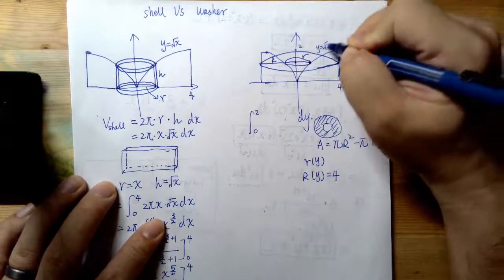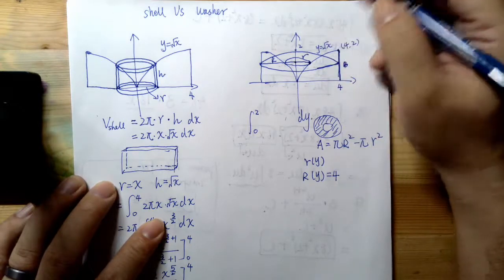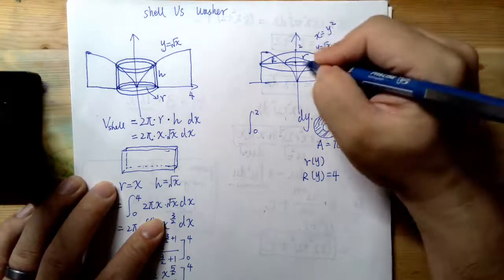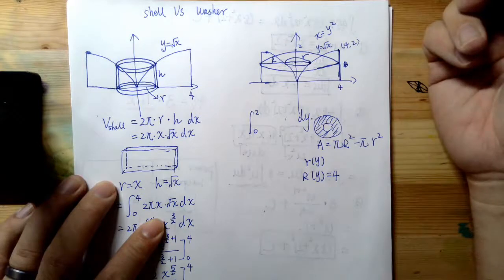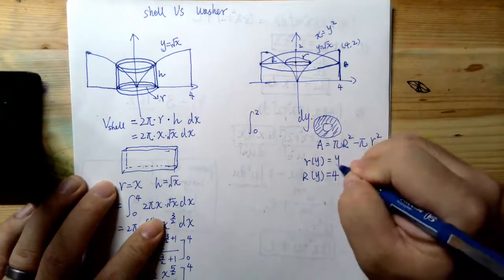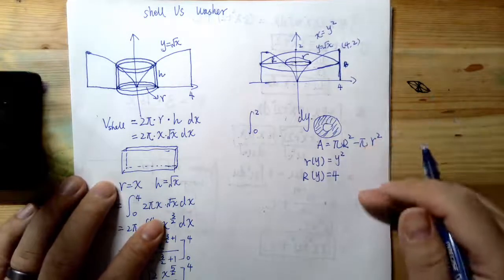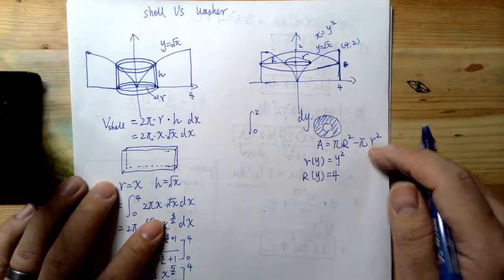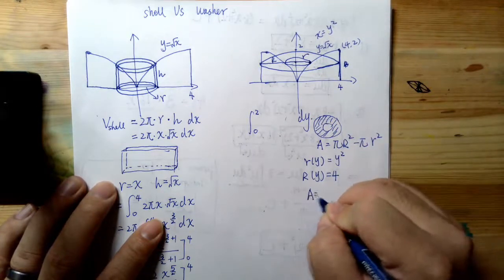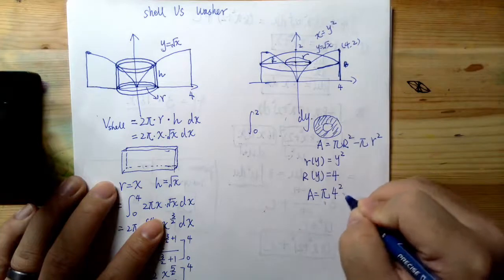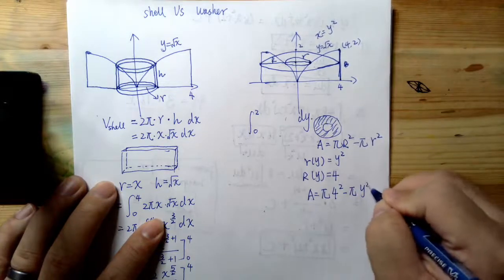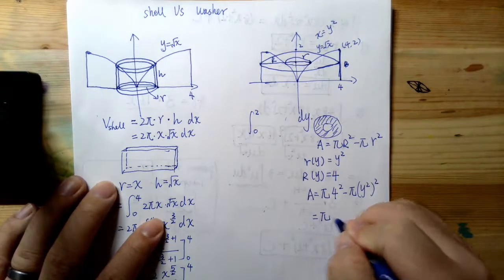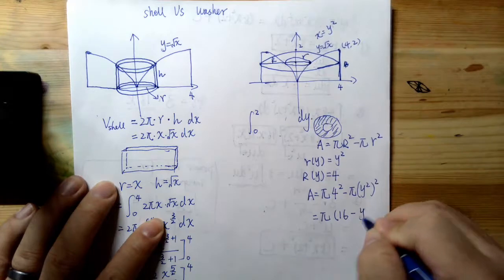Since y equals square root of x, x equals y squared, so the small radius is y squared. With all this, the area of the cross section is pi times 4 squared minus pi times y squared, squared. So it's pi times 16 minus y to the power of 4.